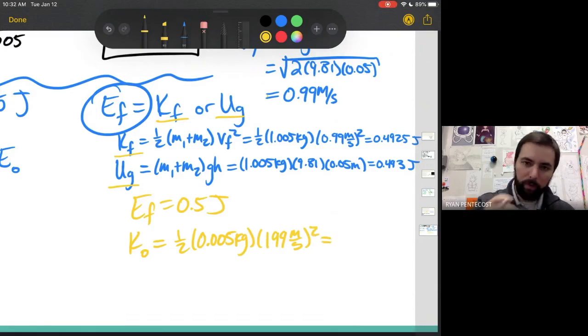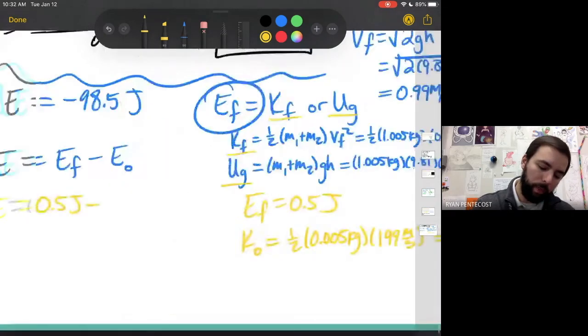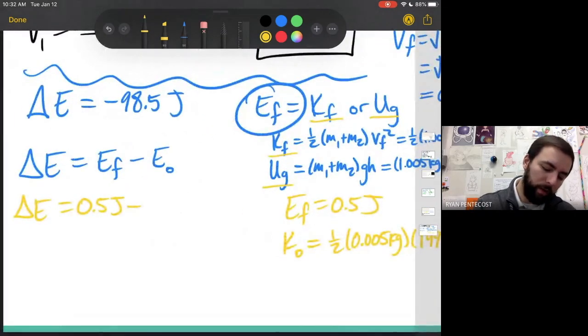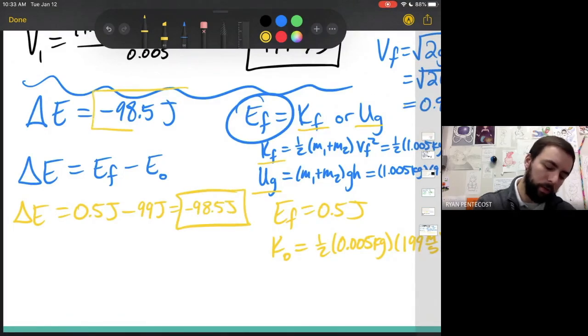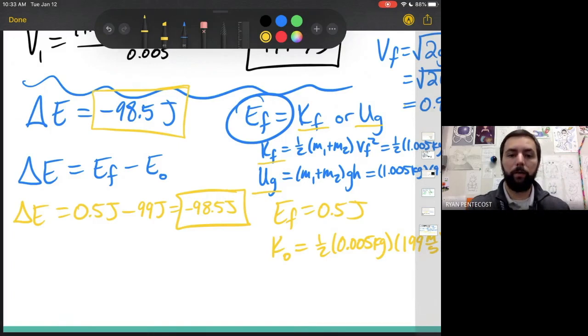That will come out to about 99 joules. So if you take 0.5 minus 99 joules, you get negative 98.5 joules, which is just like your colleague said. Right? Now that is a ridiculous energy loss, right?